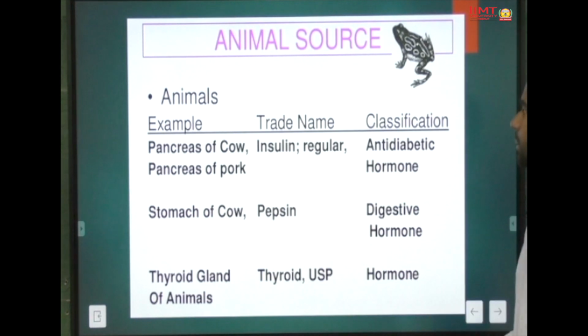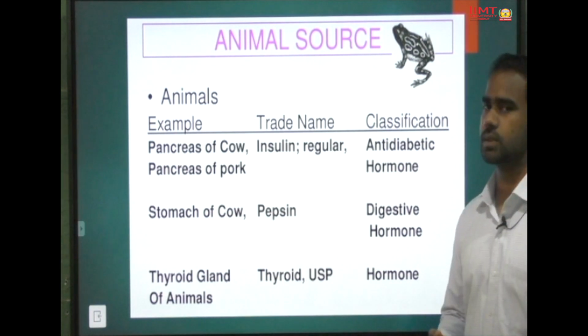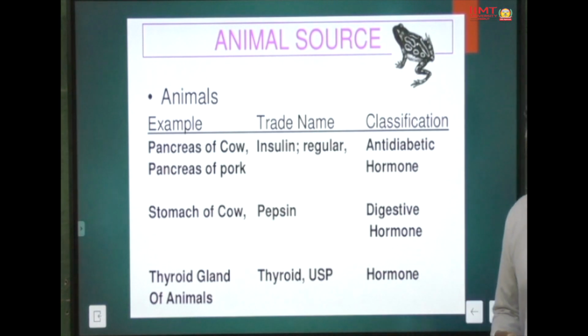If we talk about the pancreas of cow and pork, it is used to isolate insulin on a regular basis, for the pharmacological activity of anti-diabetic. Insulin, as you know, is a hormone that regulates the blood glucose level in your body.